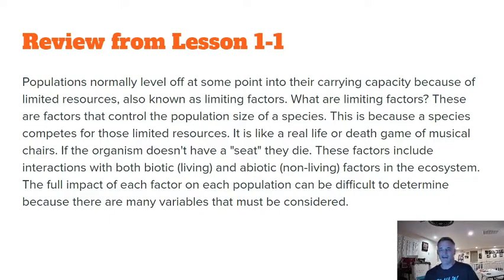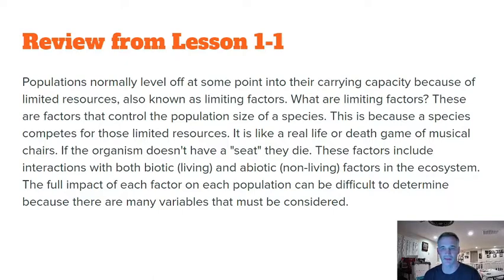So this is kind of like a real life or death game of musical chairs. For example, I think what I said in class was if you have 15 bunnies living in a particular forest ecosystem, and there are 45 coyotes in that ecosystem that want to feed on the bunnies, well, some of those coyotes aren't going to have enough resources to eat.